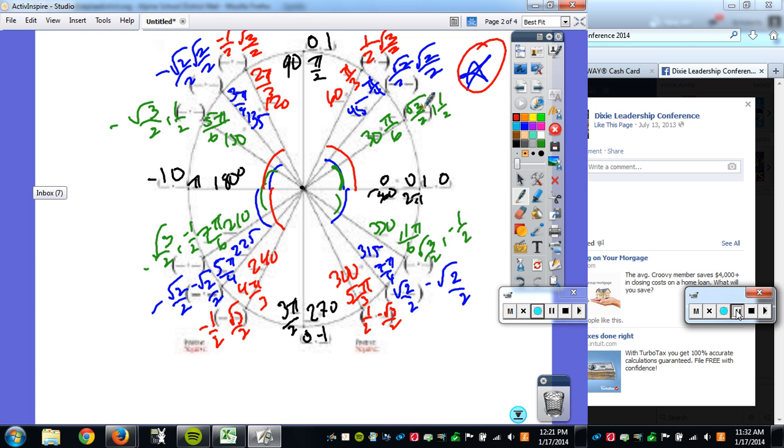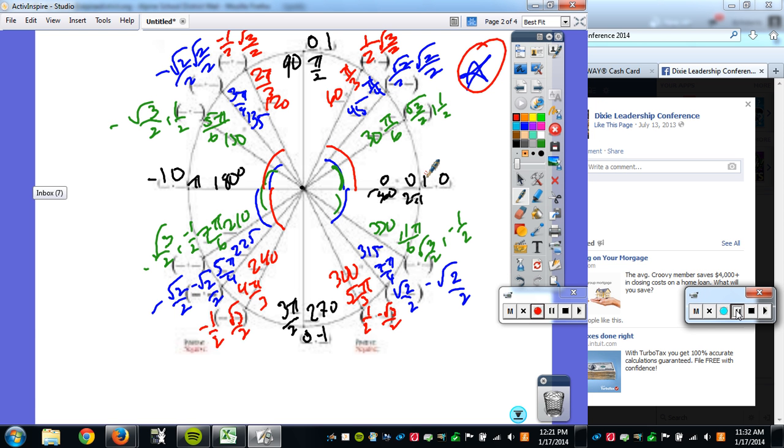Pattern. See it? 1 is square root of 4 over 2. Right? And what's square root of 4? 2. 2 divided by 2 is 1. So if I wrote it square root of 4 over 2, that is 1.